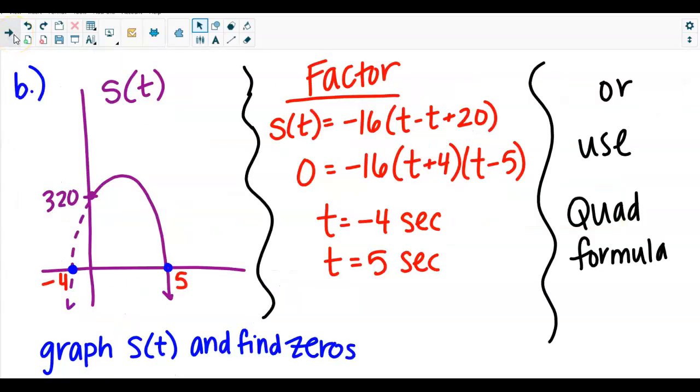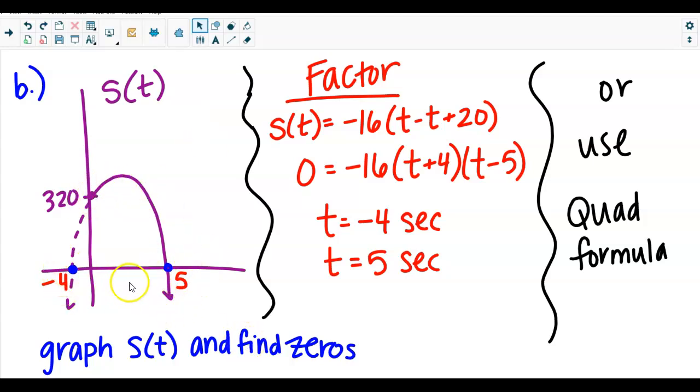If you weren't sure, you could have just graphed that parabola given, and you would have seen 2 answers. You would have graphed it from the zeros, and they were -4 and 5, but when we talk about time, we don't ever have negative time initially unless it says like 4 seconds ago. It says he started at 320 feet on the cliff, so we are just going to use this 5 for our answer.